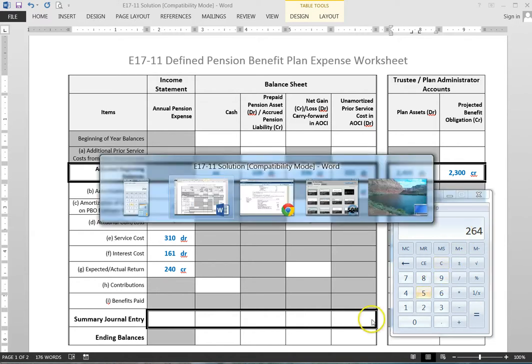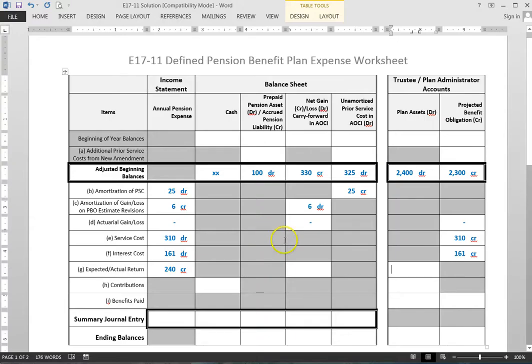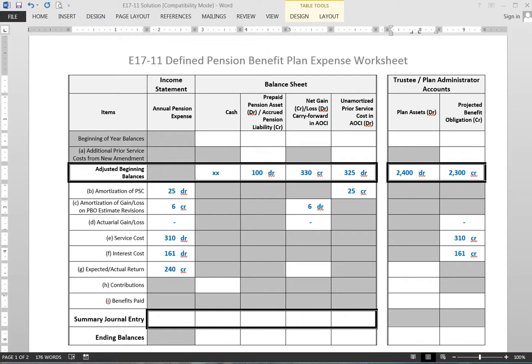I'm sorry. Did I get that right? Plan assets only went up by 9%. Sorry about that. So plan assets went up by 9% times the beginning balance of 2,400, and that's a $216,000 increase in plan assets. And so that will be the debit entry here to plan assets.